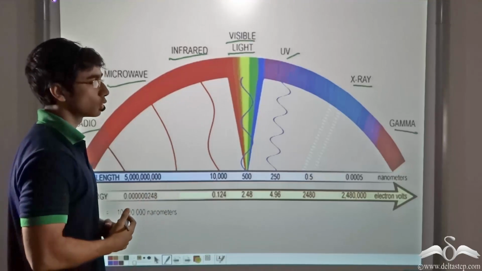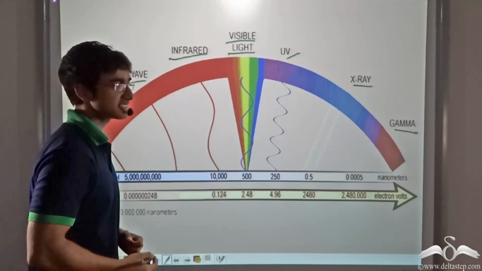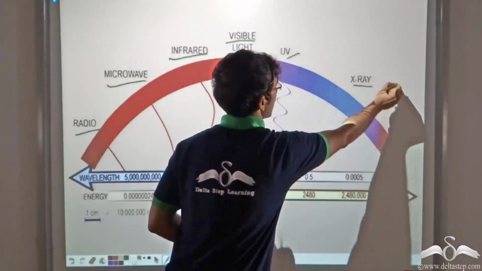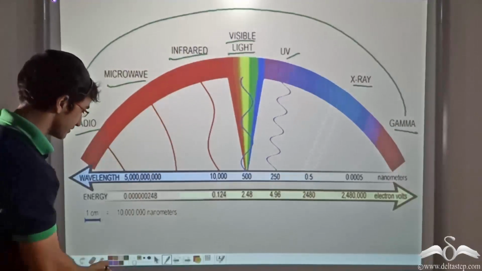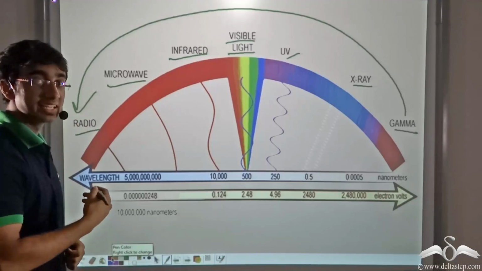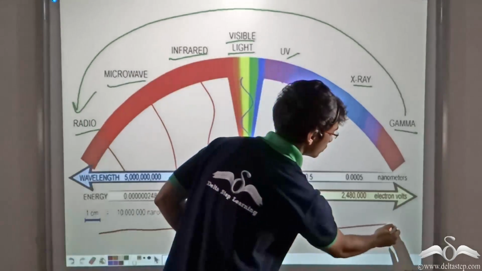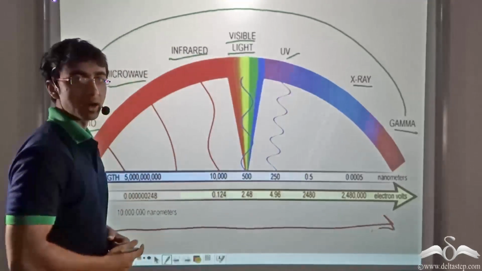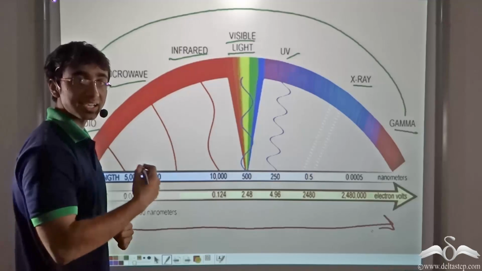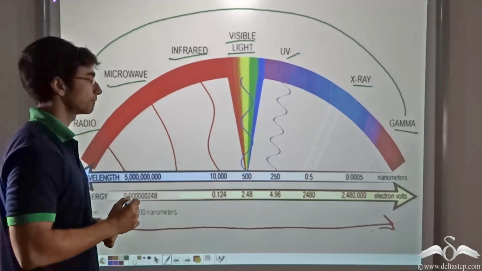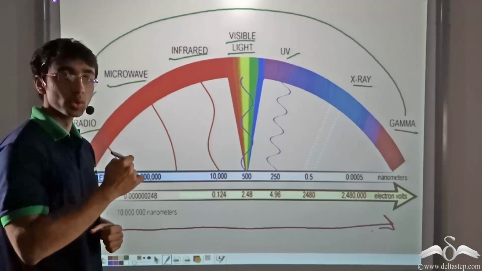Now if you observe closely, the wavelength of these rays increases in going from gamma to radio waves. Likewise, the frequency increases going from radio to gamma waves. So what can we say? That gamma rays have the highest frequency and the lowest wavelength, and radio waves have the highest wavelength and lowest frequency.